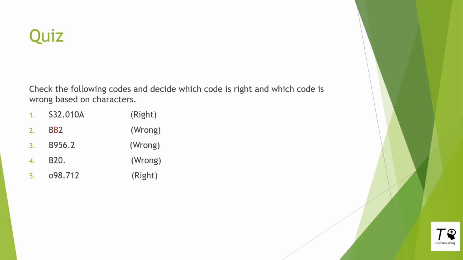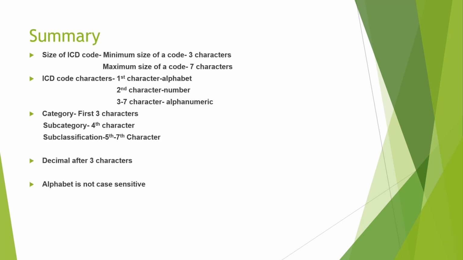I hope you all got the right answers. Summary of whatever we have done till now. Size of the ICD code. Minimum size of a code is 3 characters. Maximum size of a code is 7 characters.